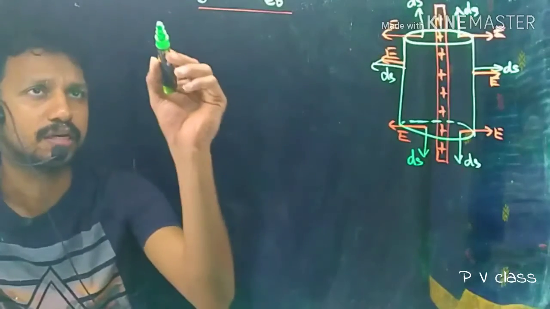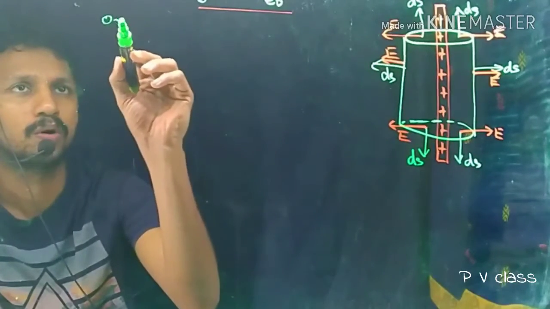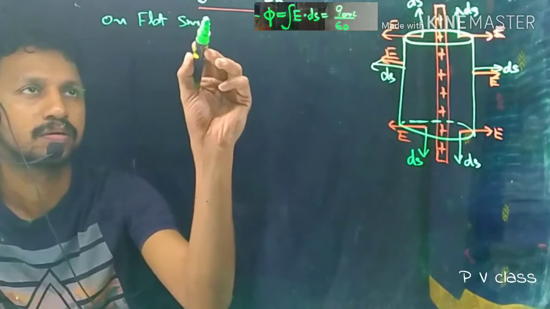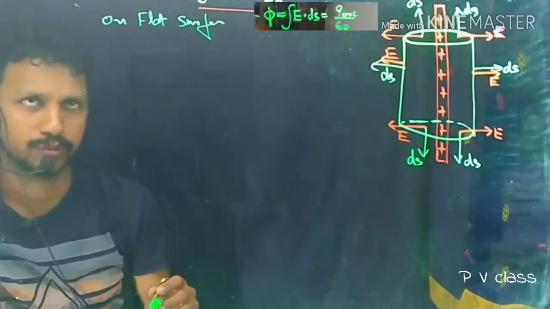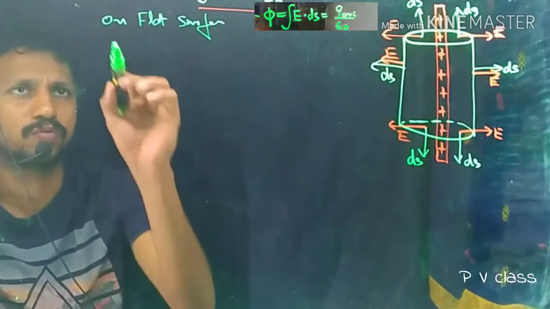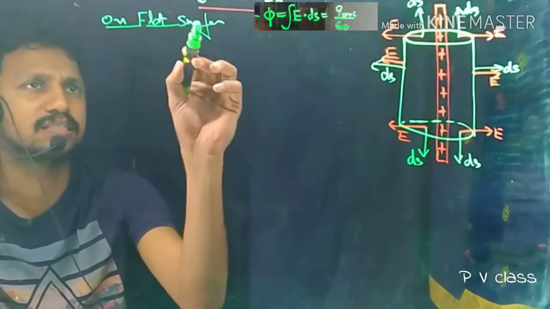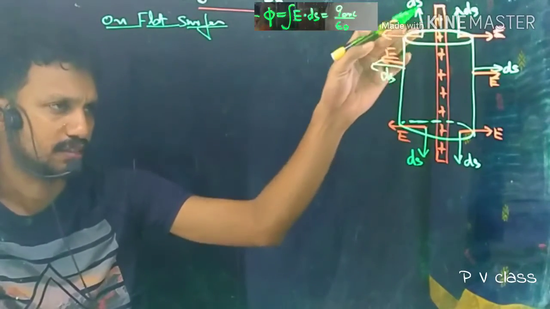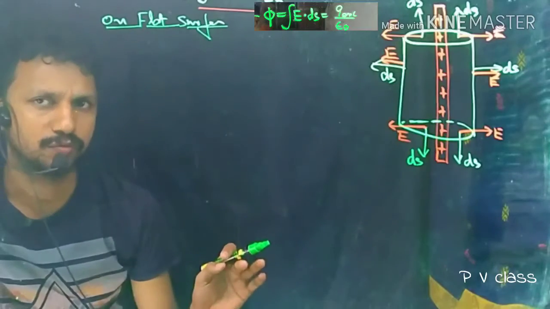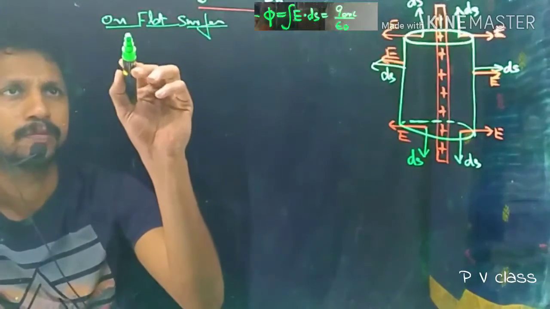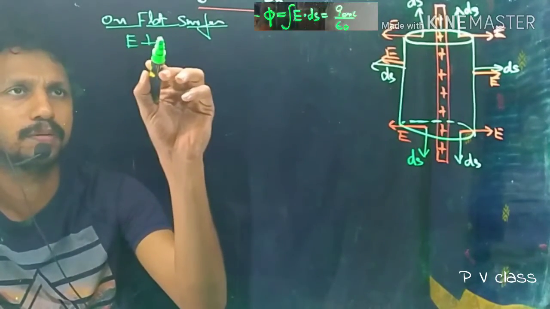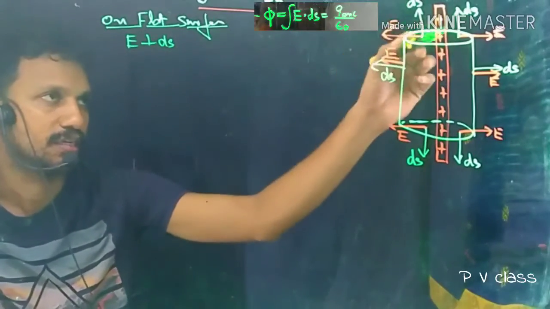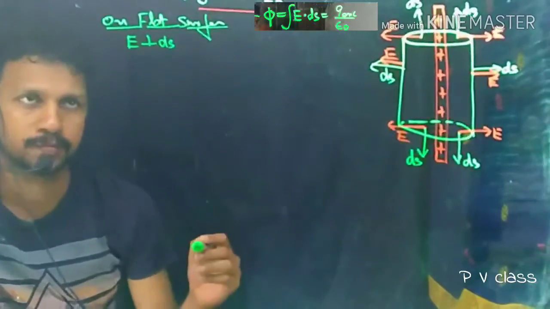Initially, let me write on flat surface. Let's analyze the situation on the flat surface. At the upper flat surface and lower flat surface, you can clearly see E is perpendicular to ds. Electric field intensity and area vector are perpendicular.